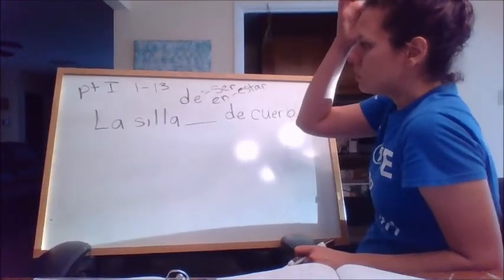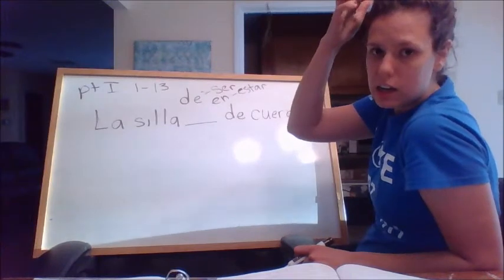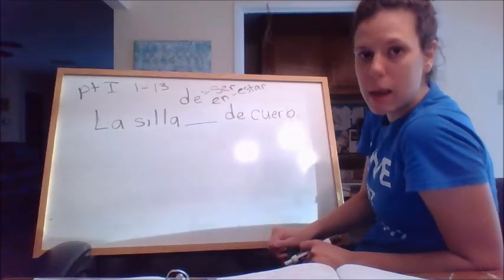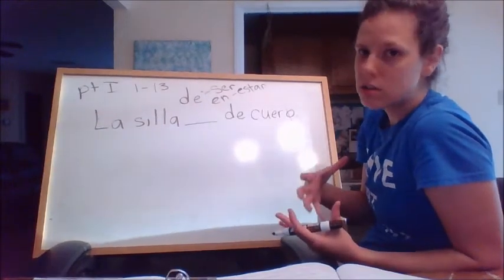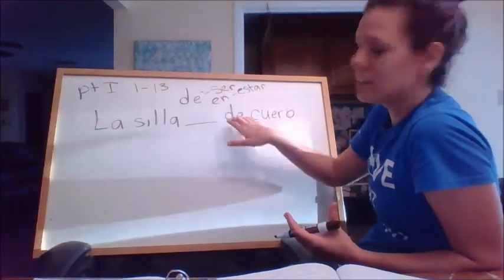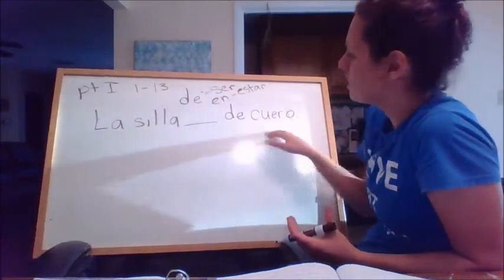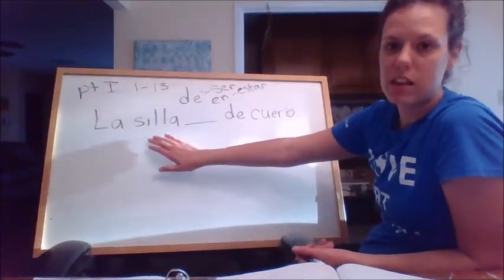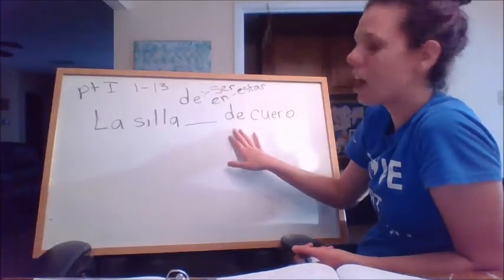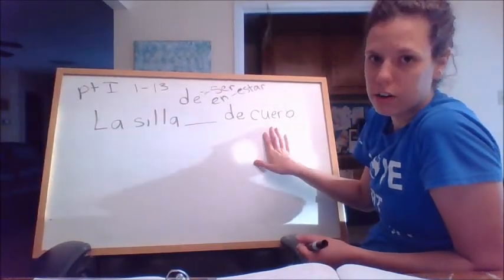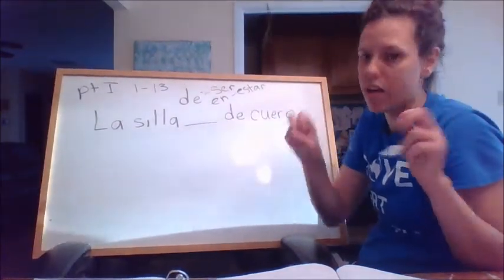Because we talked about possession and relationship and what something's made of and origin, and all of those kind of expressions are ser and de. So this is asking what the chair is made of. La silla blank de cuero. The chair is of leather, okay, or made of.